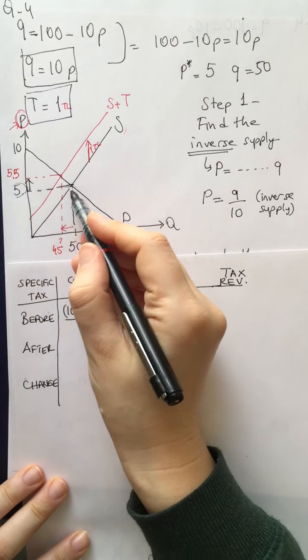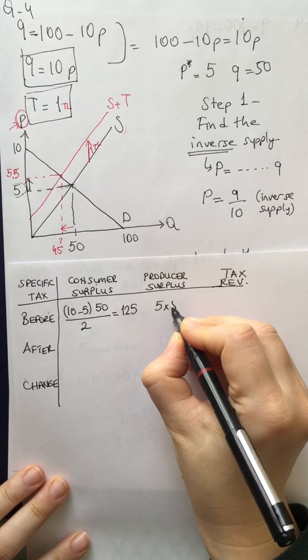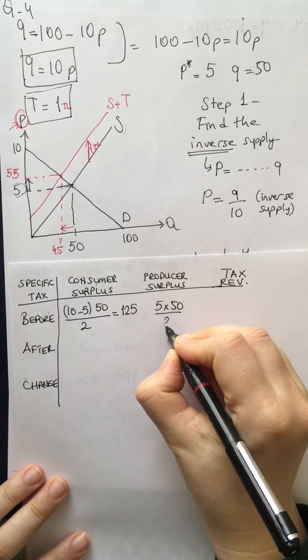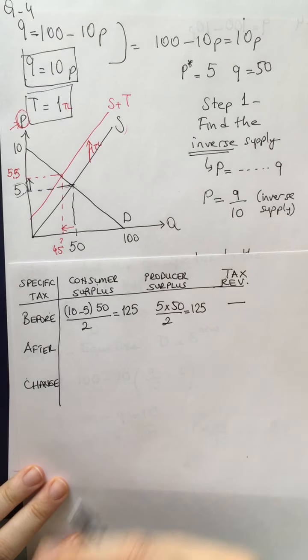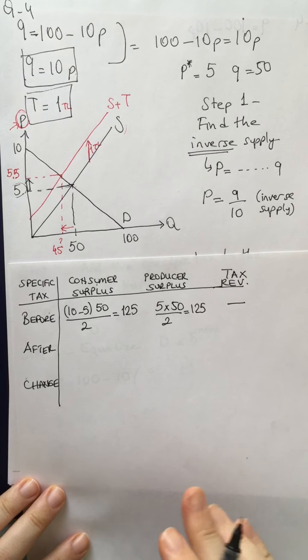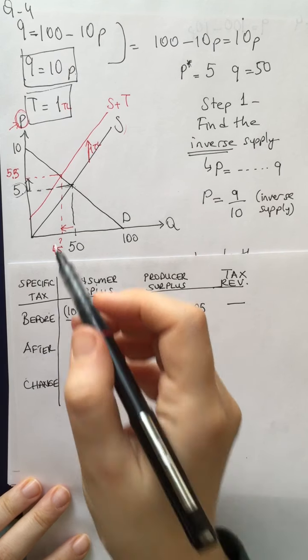And producer surplus is just the same, 5 times 50 over 2, again 125. And when there is no tax, there will be no tax revenue, of course.